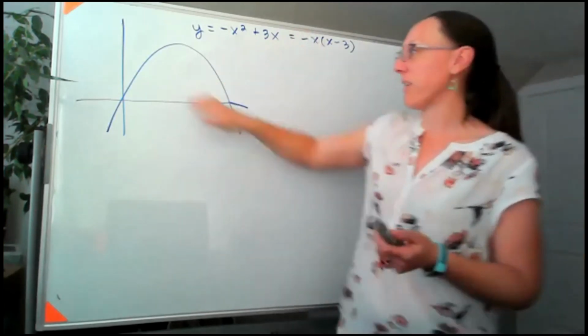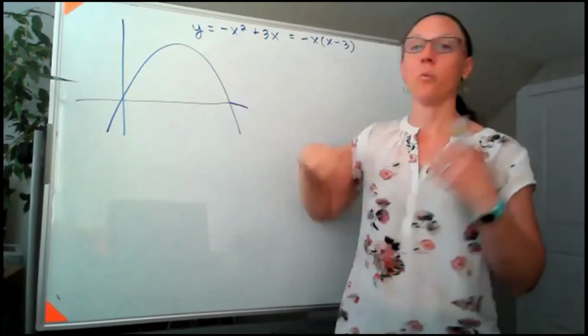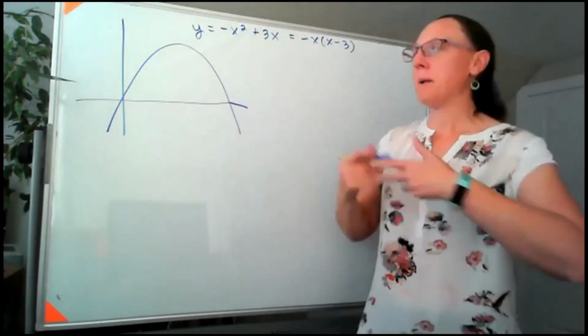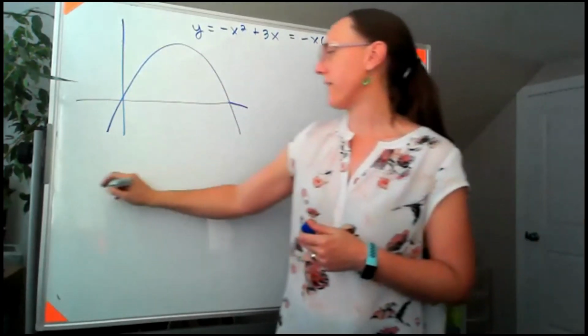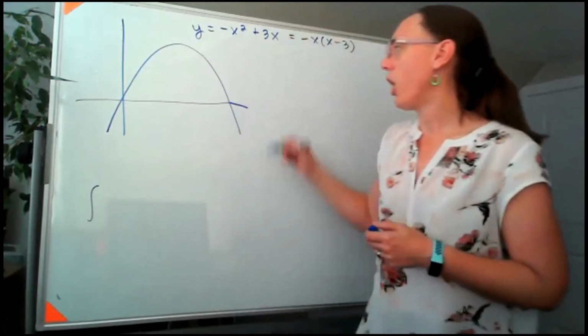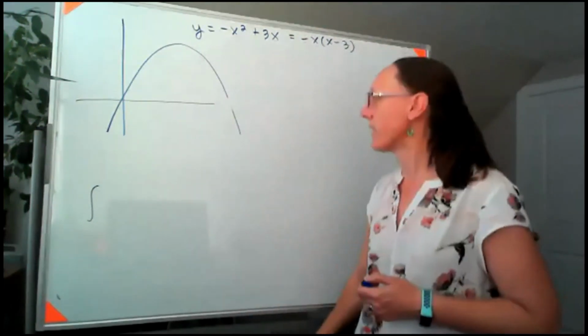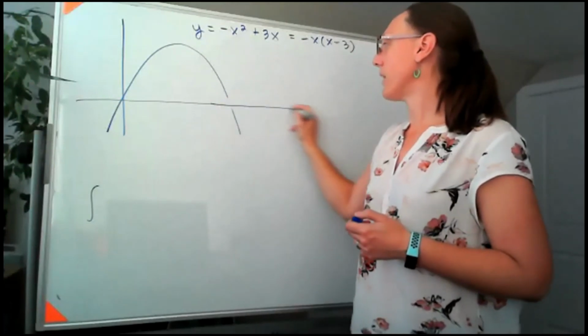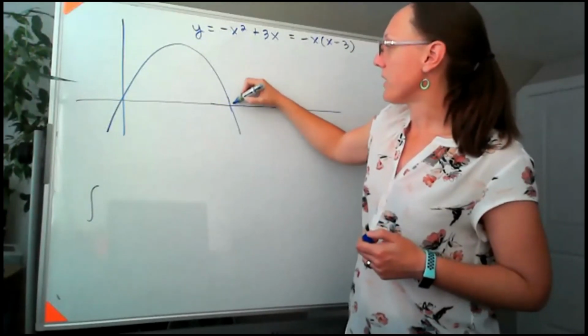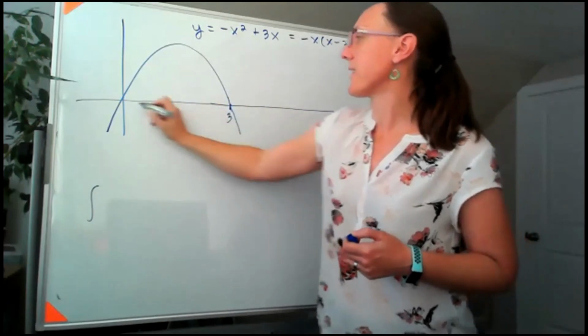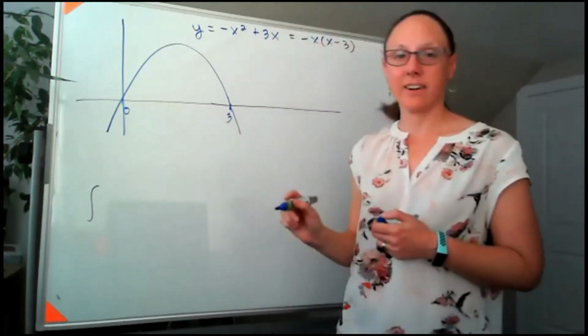And if I wanted to find the area under here, we've been practicing that for a while, that's going to look like writing that integral from, oh, well, we would need to know where it hit, but I gave it to us in factored form already, which means I know that that's at 3 and that's at 0.